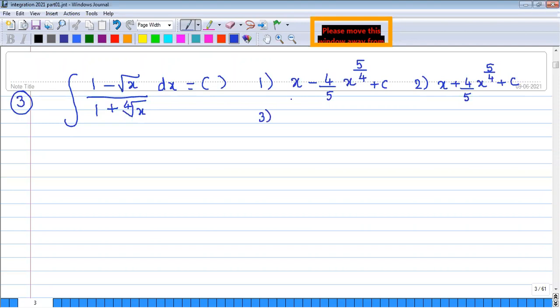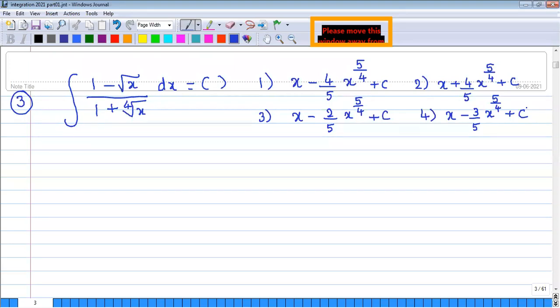Third one, x minus 2 upon 5 x to the power of 5 upon 4 plus constant of integration. Fourth one, x minus 3 upon 5 x to the power of 5 upon 4 plus constant of integration.